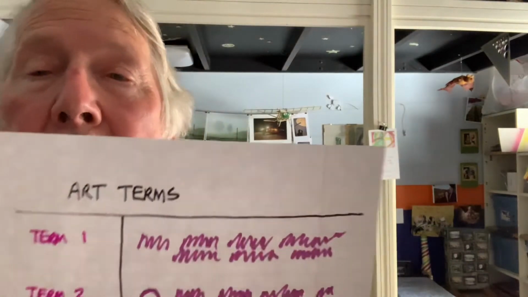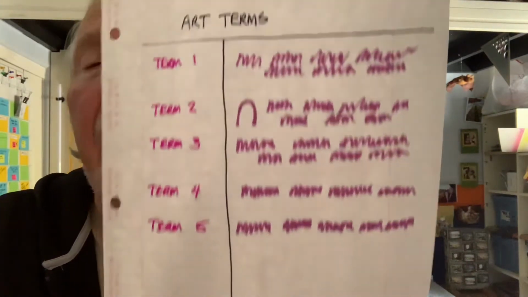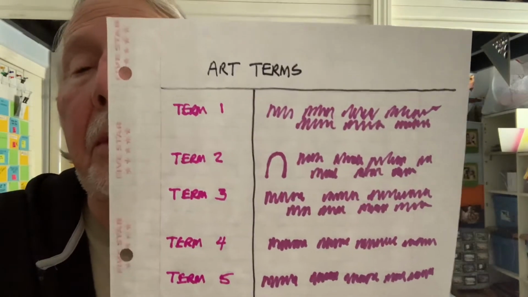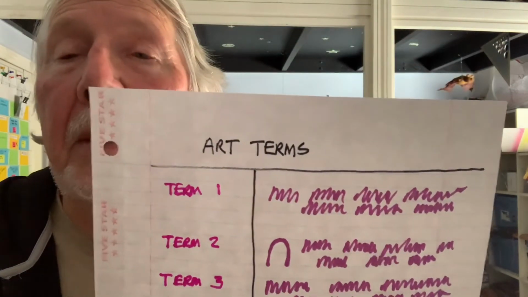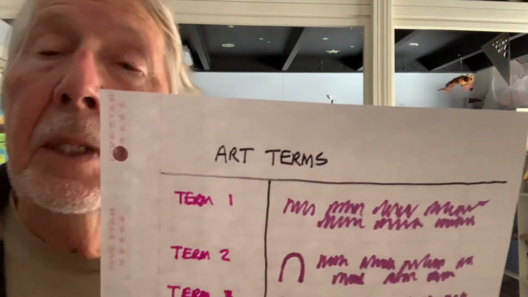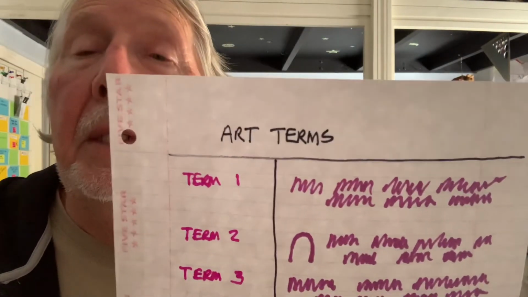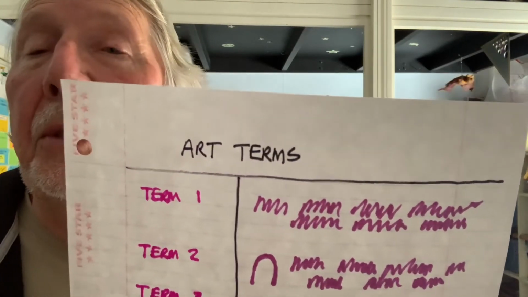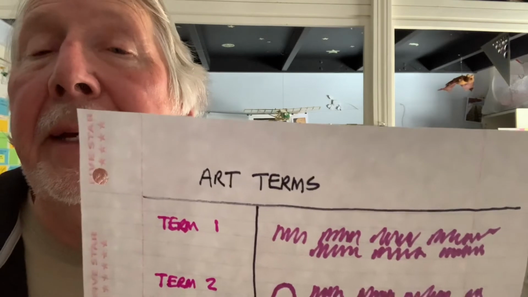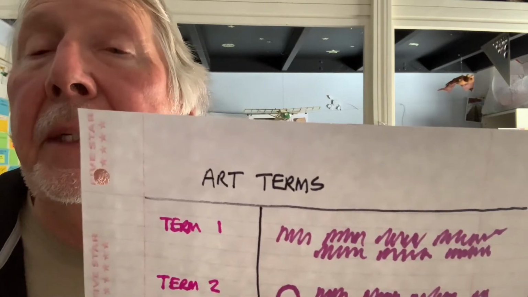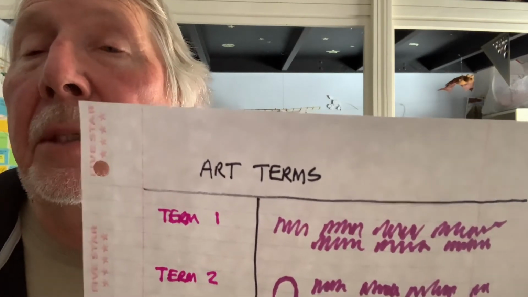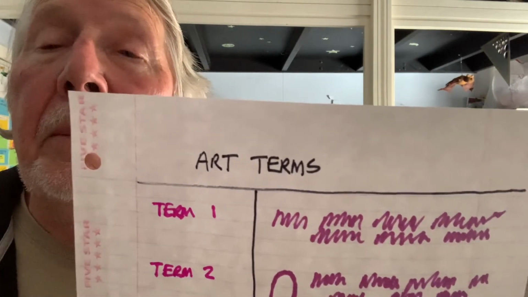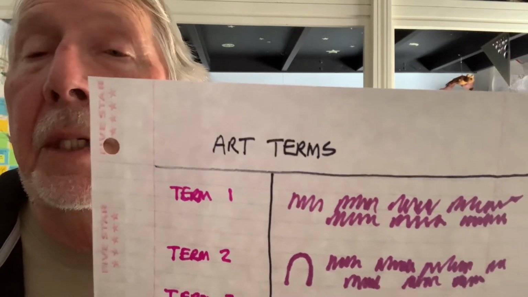All right, the last tab is called Terms, and it's art terms. So you're going to be hearing a lot of new language as we go along. Some of it will be in English, and it'll be a term that is used specifically in a museum or in an art gallery, and other terms are going to be borrowed from Italian, or they're going to be borrowed from the culture that we're studying.